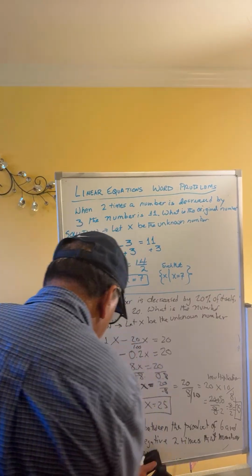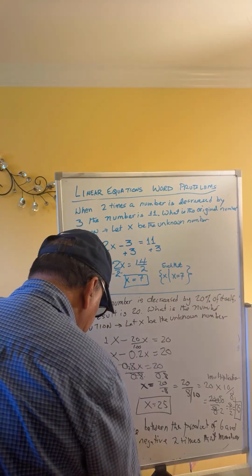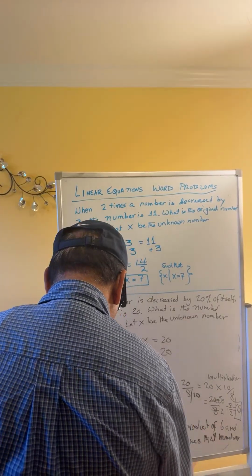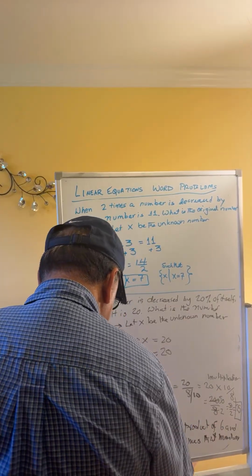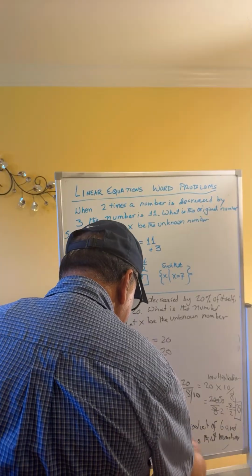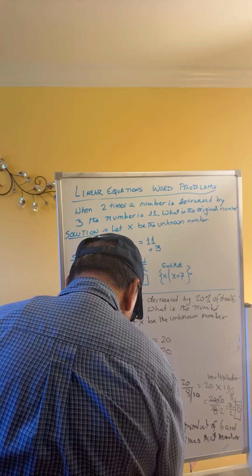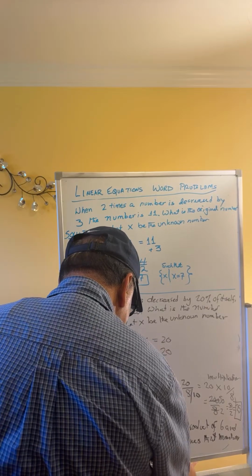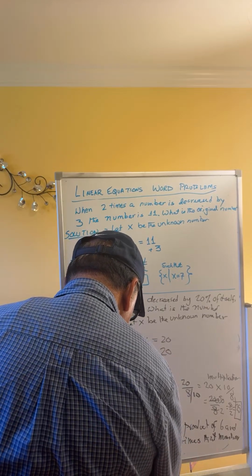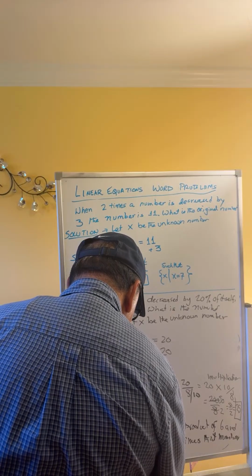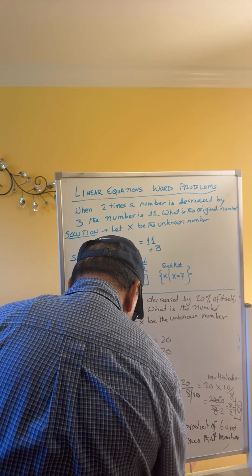The difference between the product of 6 and a number, 6x, and negative 2 times that number, so the difference is given by minus, and then the next one is negative 2 times that number, so 6x minus (minus 2x).